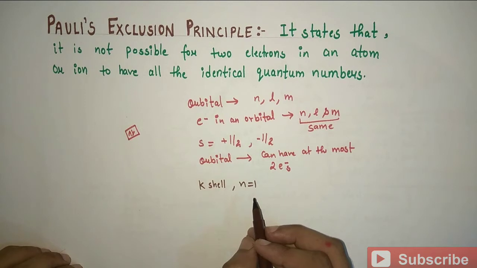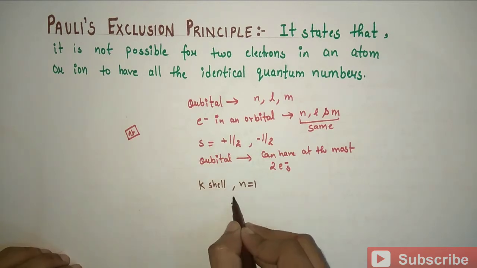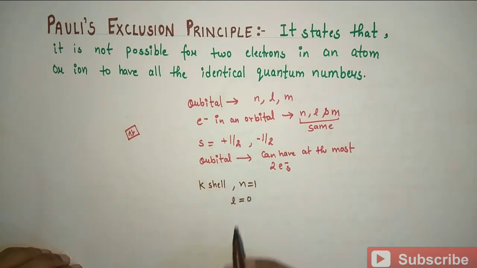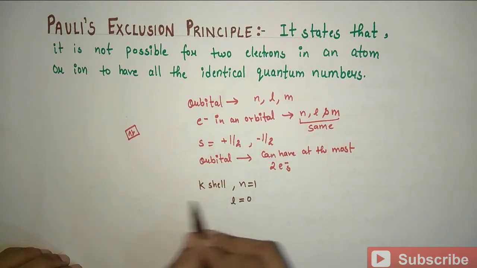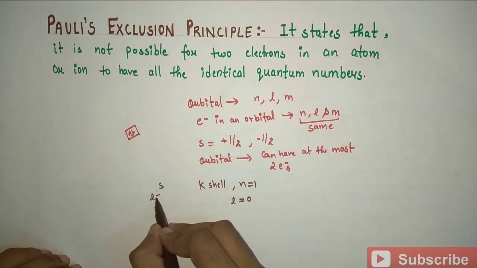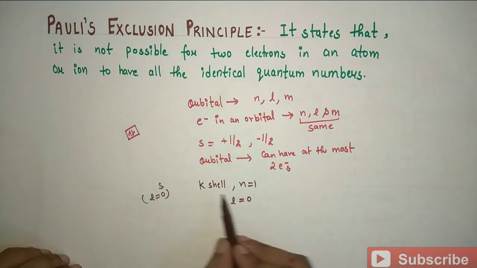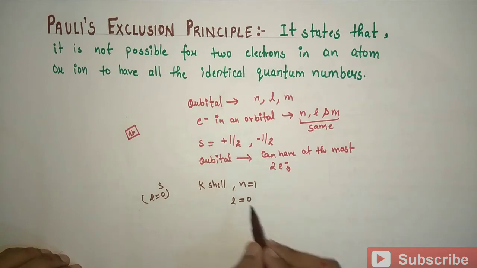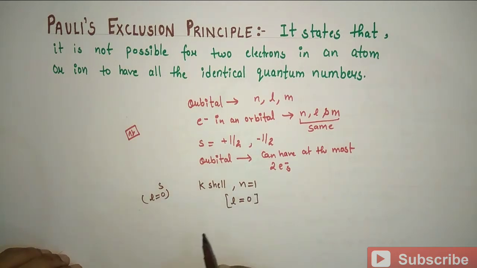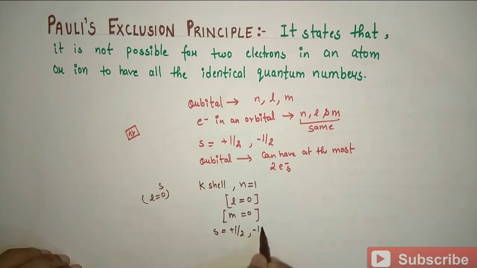It will have one value of l, which is 0, because the K shell has only one subshell, which is s, and the value of l comes out to be 0. It will also have one value of m, which is also 0. But it can have either of the two values of s, either plus half or minus half.